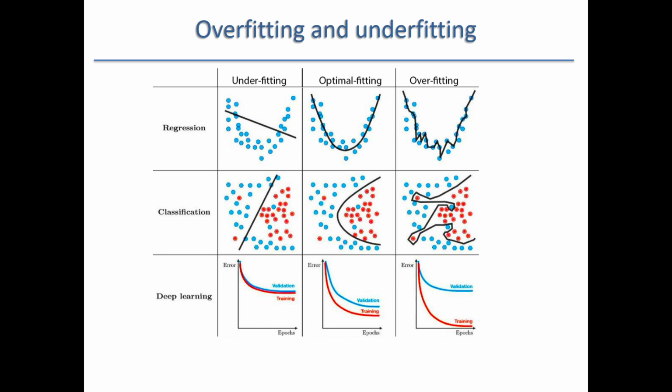It is just an artifact of the training data we have used. When we use deep learning, typically what happens is this. So underfitting is manifested by an error decrease that is similar in the training and validation, but doesn't go too low. When we have the right amount of parameters and we are able to fit a good model, then the training error goes much lower, the validation also goes lower, but sometimes not so close to the training, and then overfitting is the opposite.